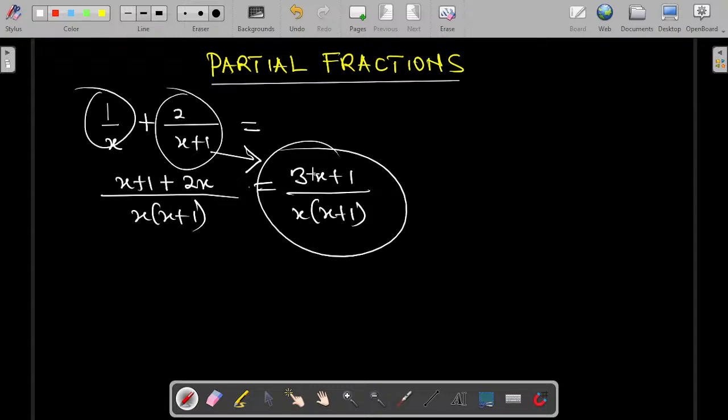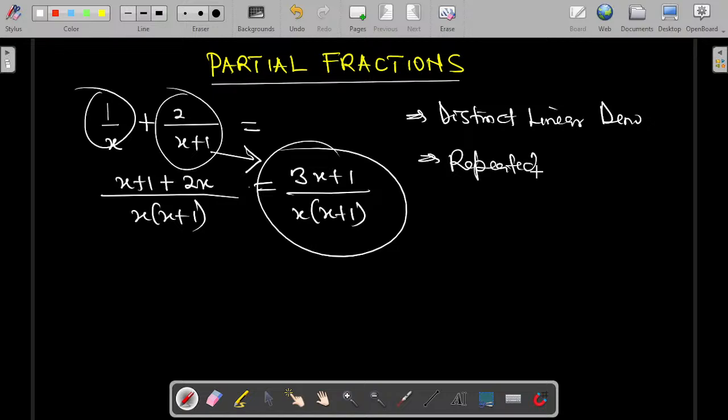Here we discussed that you can have distinct linear denominators, and we also saw that you can have repeated linear denominators.